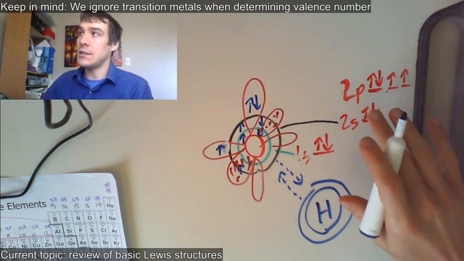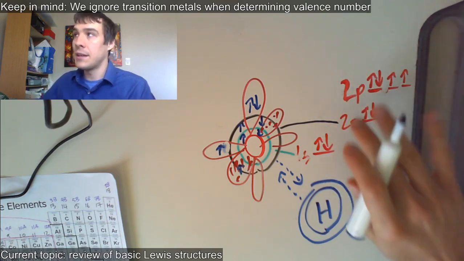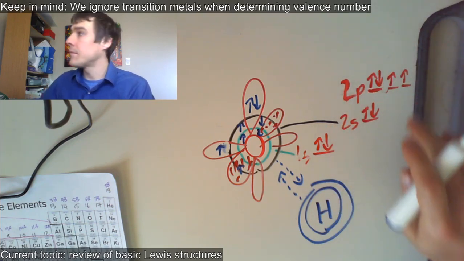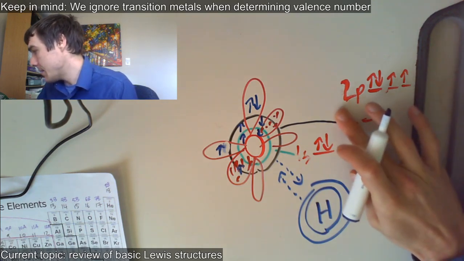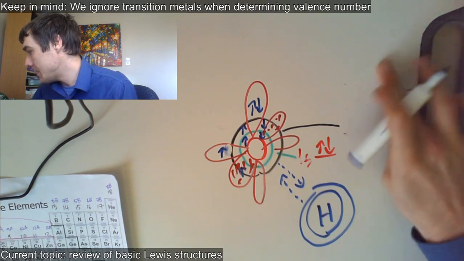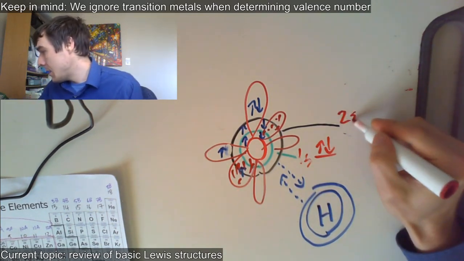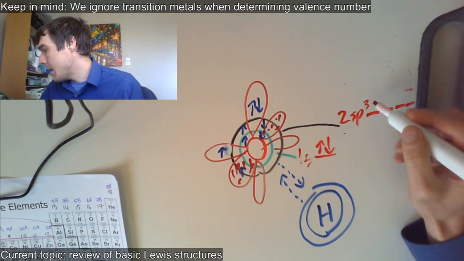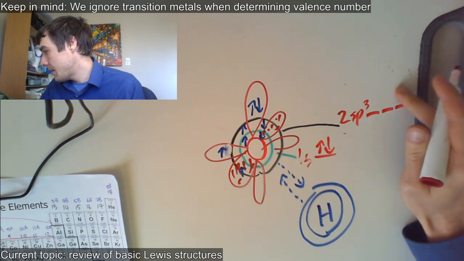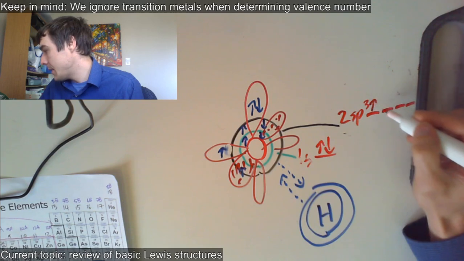It changes this through a process called hybridization, where these orbitals start getting weird, and they turn into these hybrid orbitals, and you end up with 2sp3, which actually has 4 spots.